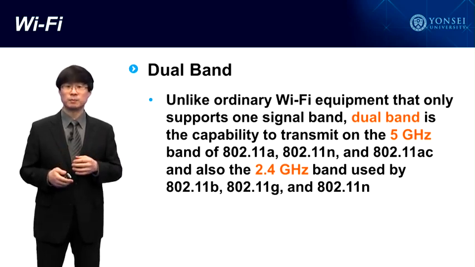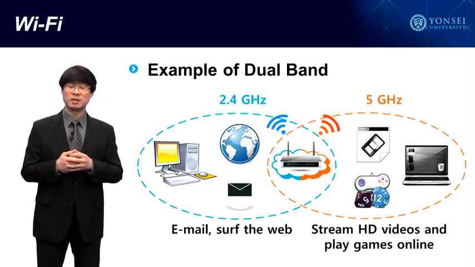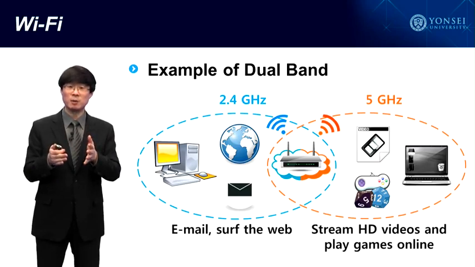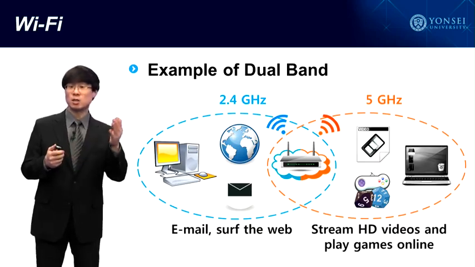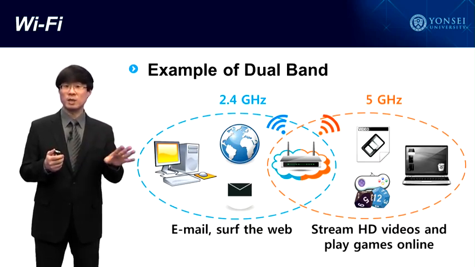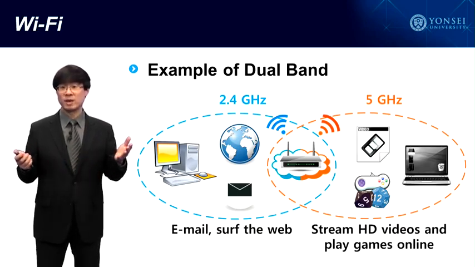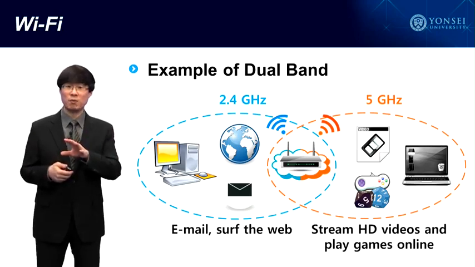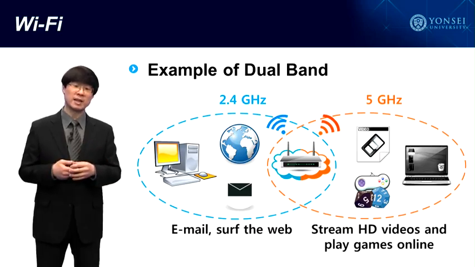An example of this would be: if the access point is capable of dual band services, then you could use the 2.4 gigahertz band for email or to surf the web. And for the wider bandwidth, more throughput can be provided through the 5 gigahertz ISM band. So we'll use this for streaming high definition video and playing online video games.